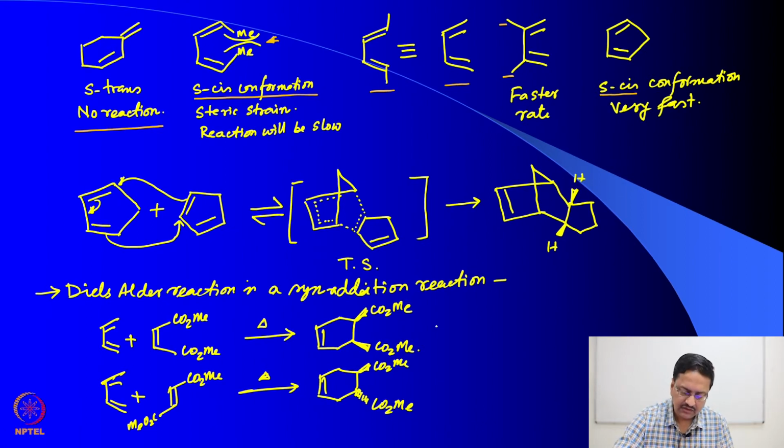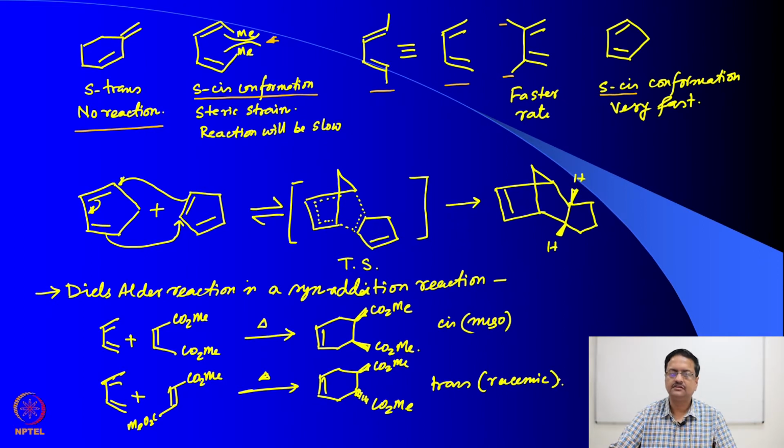And this cis compound is a meso compound, and the trans appears as a racemic. So, Diels-Alder reaction is a Syn addition, it maintains the stereochemistry of the reactants in the product, and it does not generate one particular isomer, rather it generates the racemic modification of this compound.